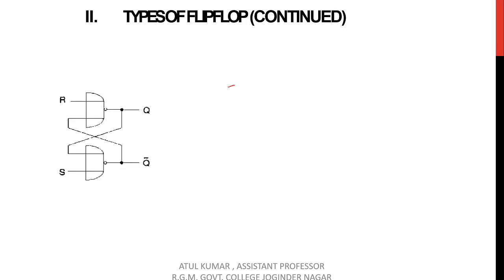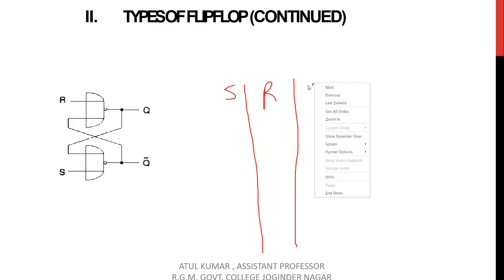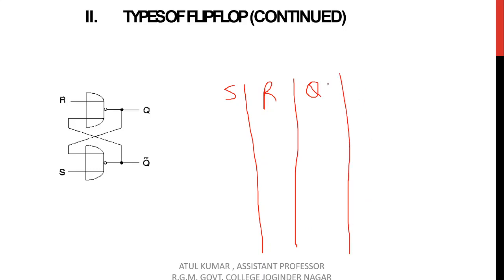We have S as an input, R as an input, and Q, the previous state output, which let us write as Qn, and the next state output be Qn plus 1.